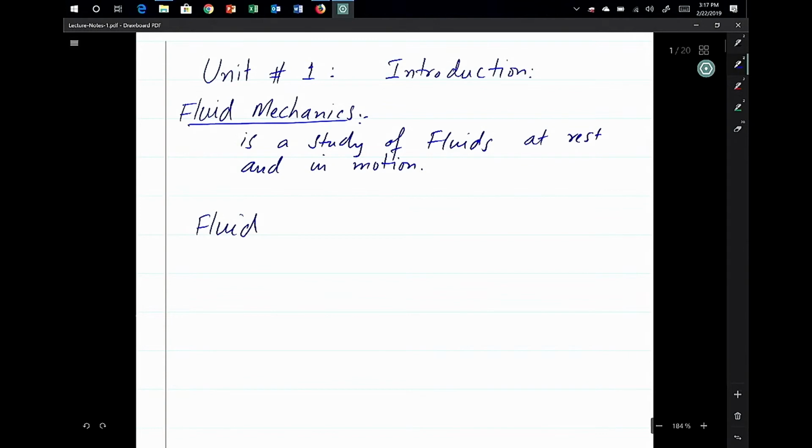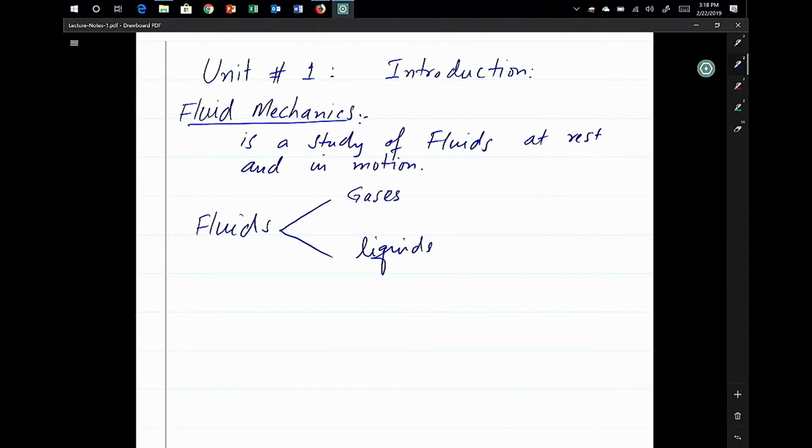If you look at fluid, and in general, if you can say, well, fluids can have two different things. You have gases and liquids. Remember the general definition of a matter. Matter can be, we learned it in high school, matter can be solid and liquid and gas.